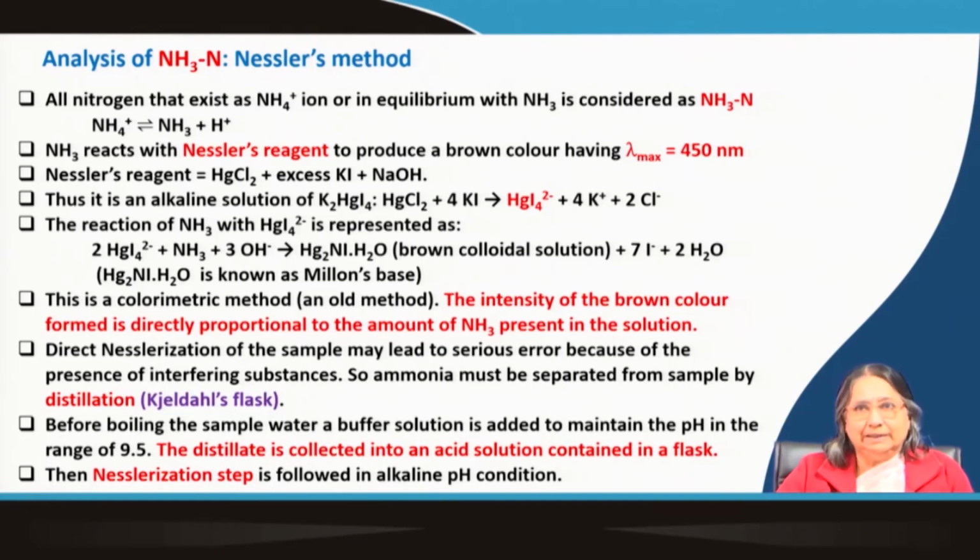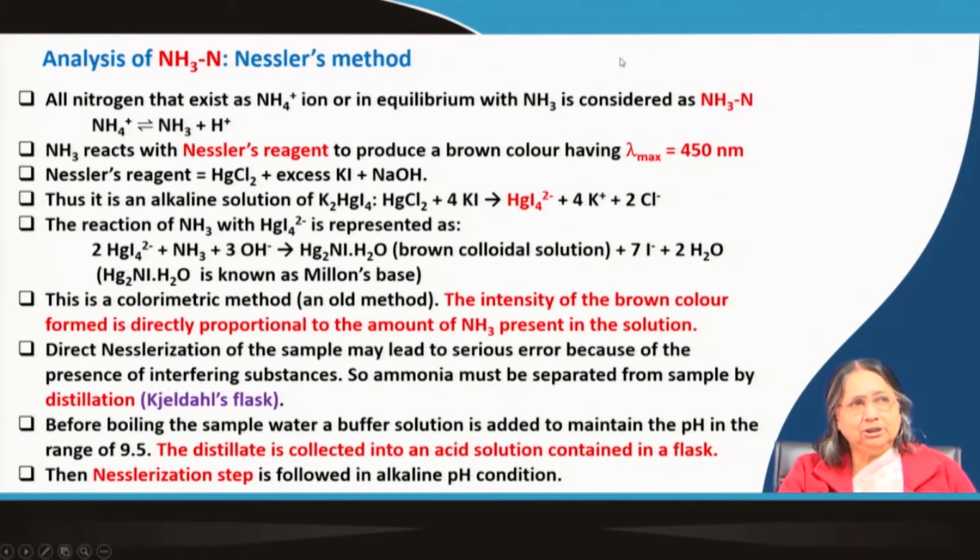That is why it is called colorimetric, meaning color matching. You can extend this to spectrophotometry also, because you know the lambda max. You can prepare standard solutions of ammonium chloride, add the Nessler's reagent, and the color will develop with different intensities according to the concentration of ammonium chloride.